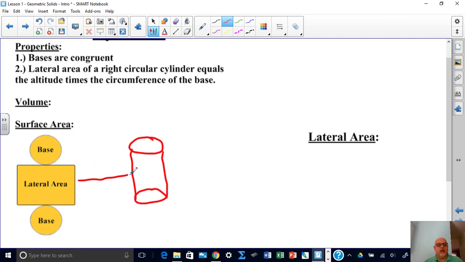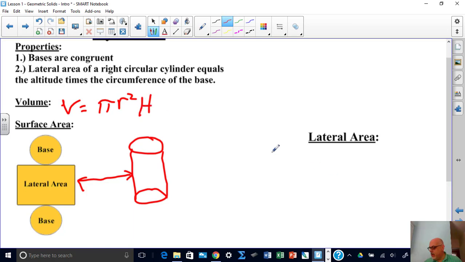So this lateral area, when you open it up, is a rectangle. So the volume of a cylinder is pi r squared, which is the area of the bottom, times the height.